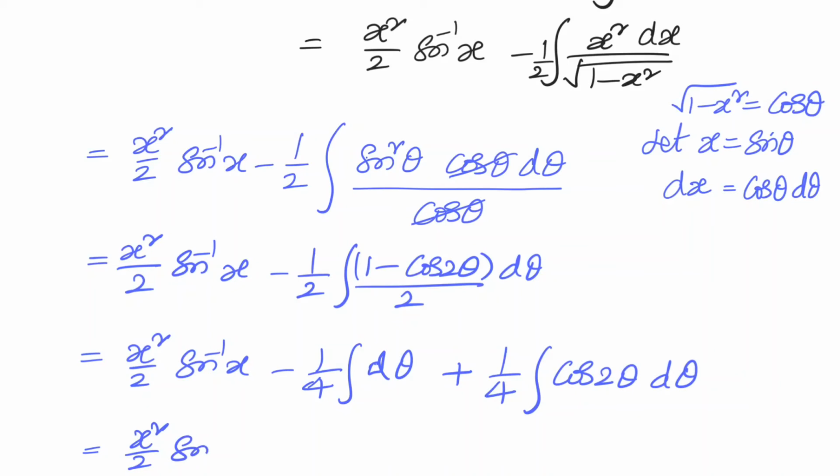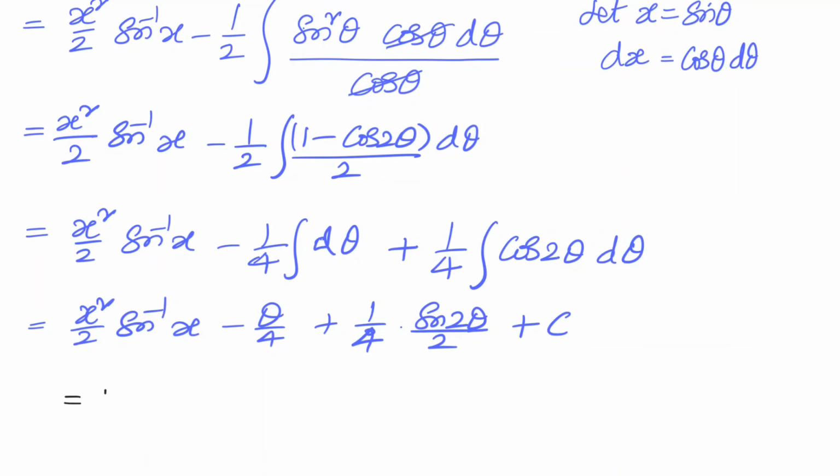So we can write x square by 2 sine inverse x minus theta by 4 plus 1 by 4 into, cos 2 theta integral is sine 2 theta divided by 2. Now we can simplify and convert from theta back into x.